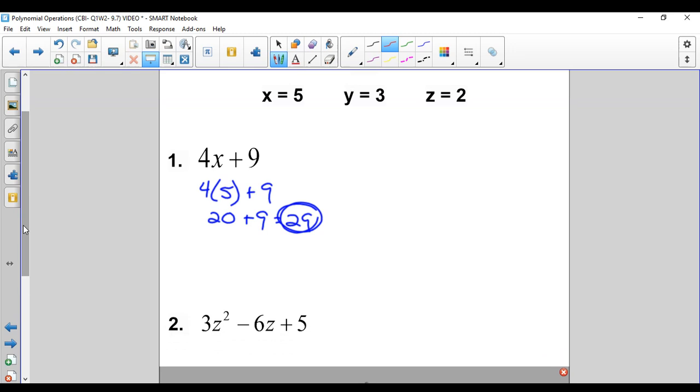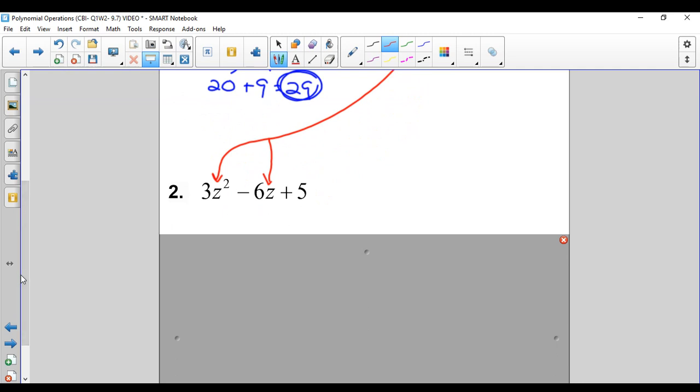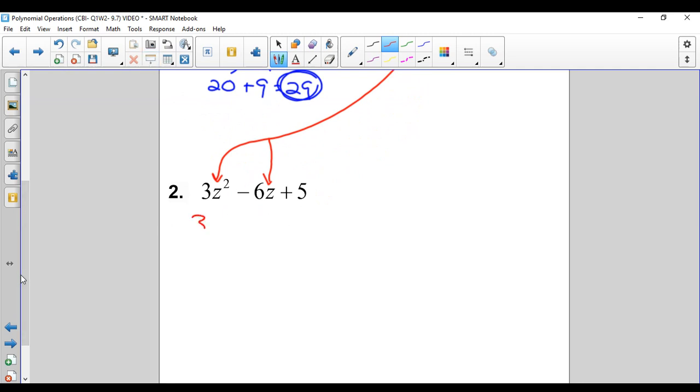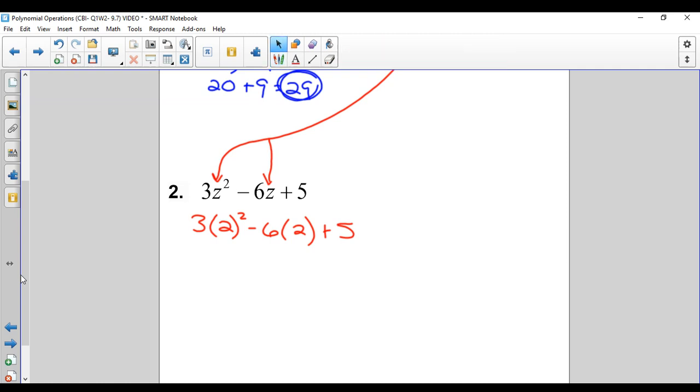Next one, we just have z. So we're going to take z. We're going to do the same thing. Plug it in to both spots this time, though. So z was 2. So we go 3 times 2 squared minus 6 times 2 plus 5. Order of operations comes into play.